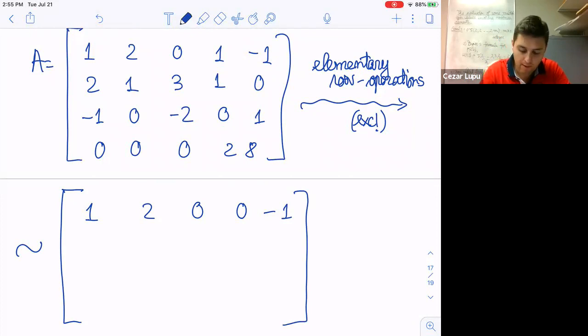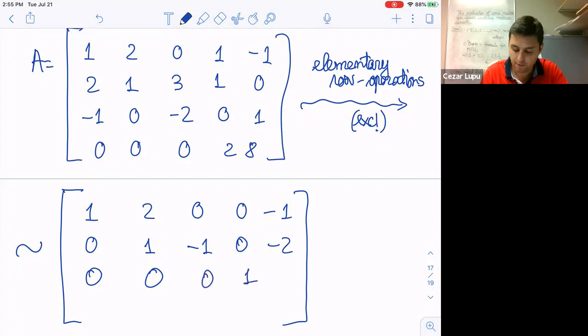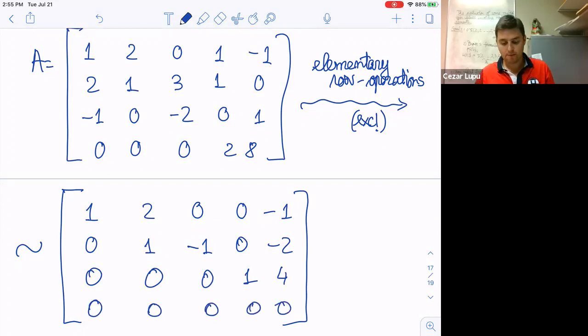So I have 1 here, I need a 0 here. So this is 1, then -1, 0, -2. Then I'll have 0, 0, 0, 1, and 4. And the last one will have only zeros.